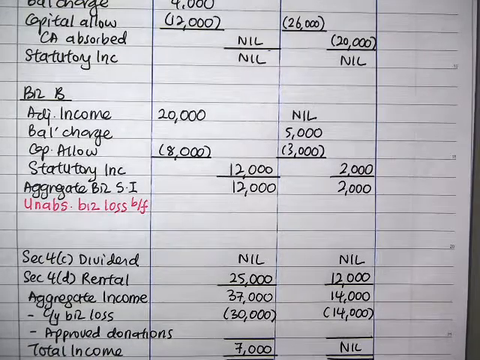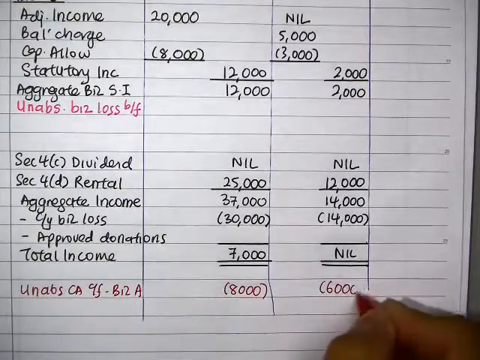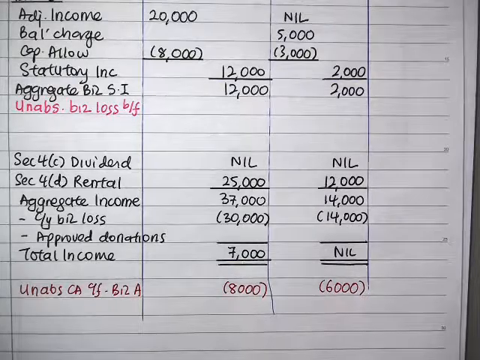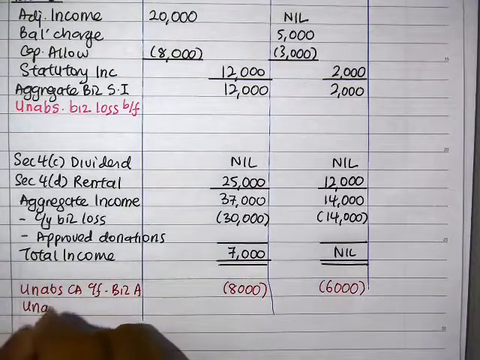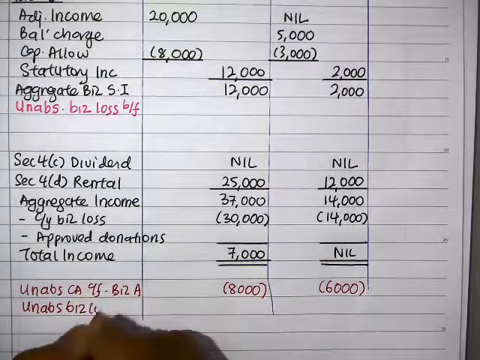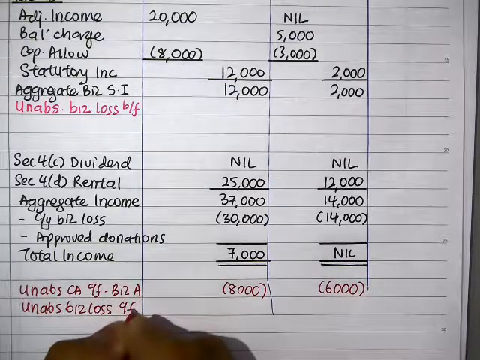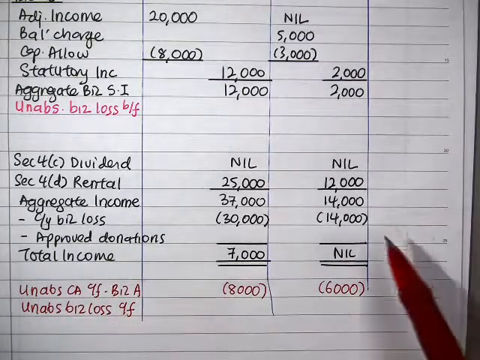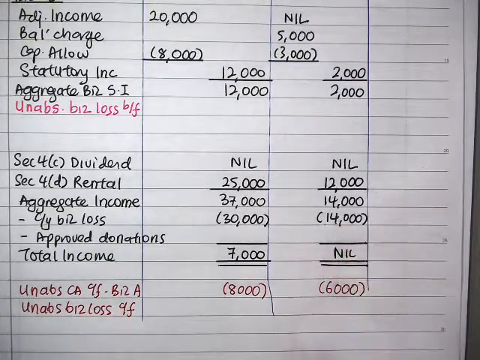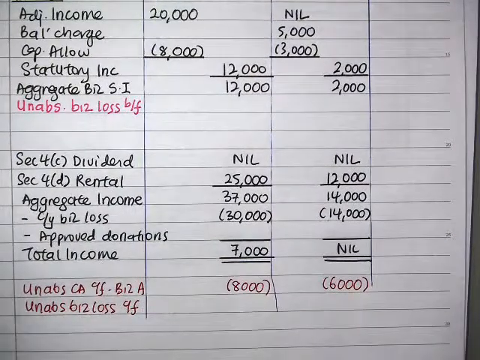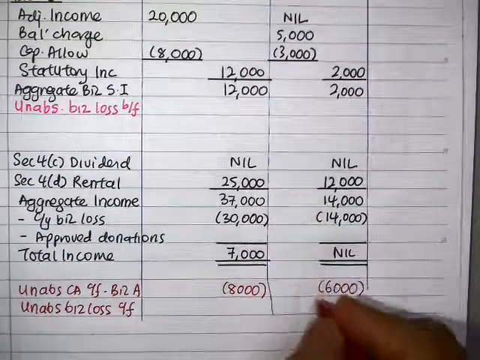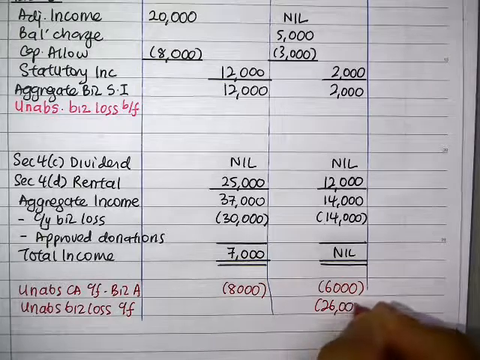Right, so now we're going to have an unabsorbed CA carry forward, 6,000. And you're going to have an unabsorbed business loss carry forward. So remember, we have 40,000 and 14 is what you've absorbed here. So you're going to carry forward 26.